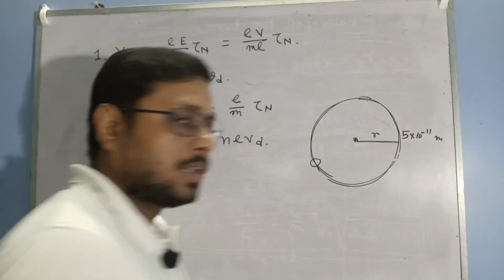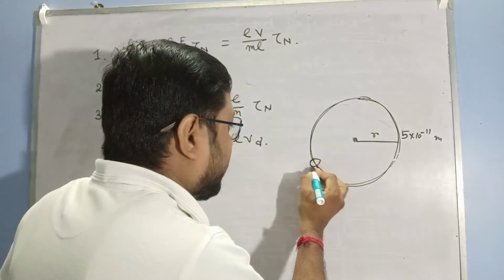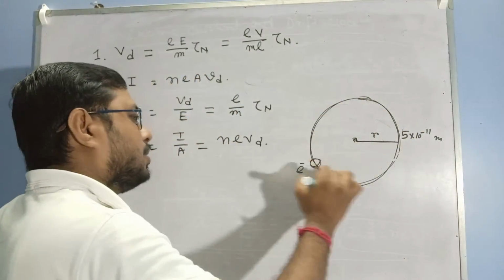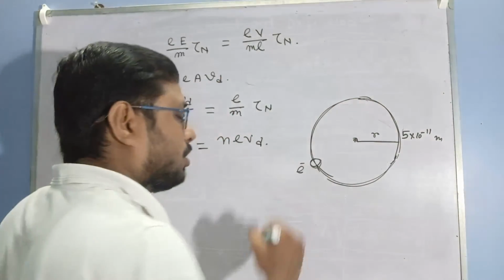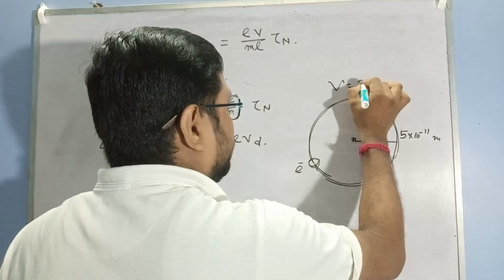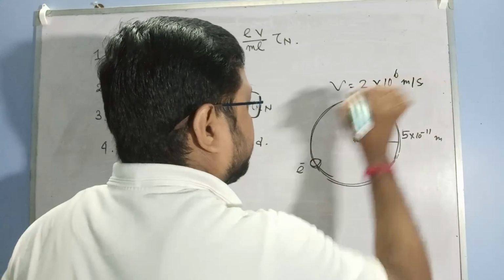Now we have to find the equivalent current if an electron is revolving around a hydrogen atom in the first orbit with a velocity of 2 into 10 to the power 6 meter per second.